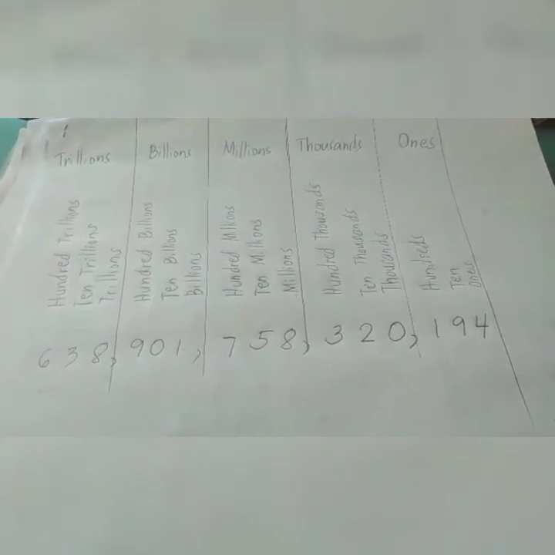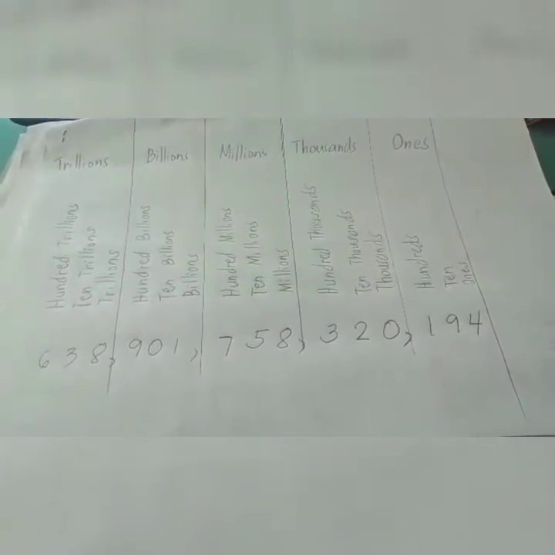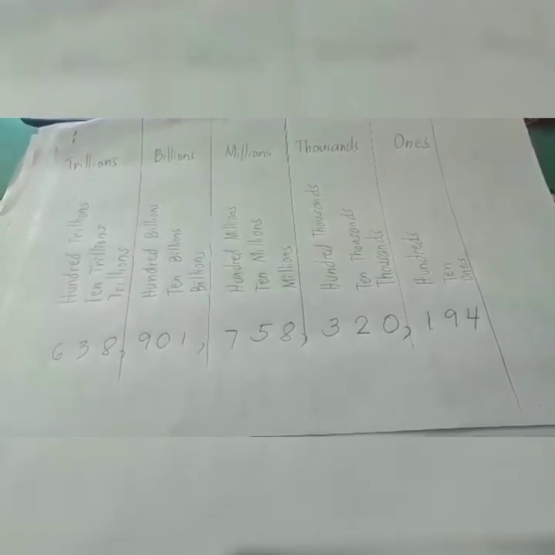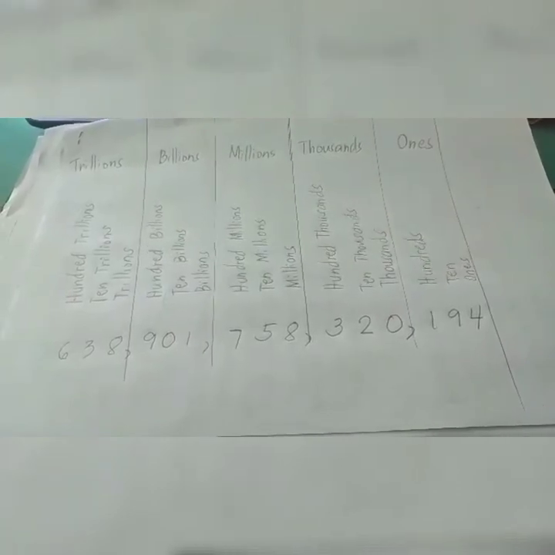What is the place value of 5? 10 millions. What is the place value of 0? There are 2 zeros.